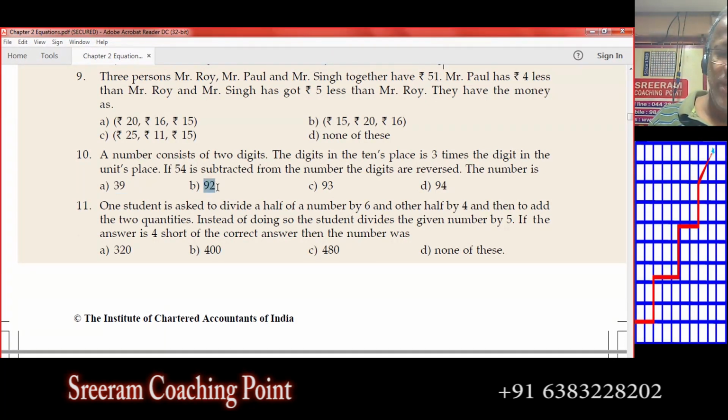B cannot be the answer because they have said 3 times when compared to the unit digit. So this is not fitting. So 93 is looking more appropriate. If they are transposed, it becomes 39. So 93 minus 39, 54. Item C, you can take it off.